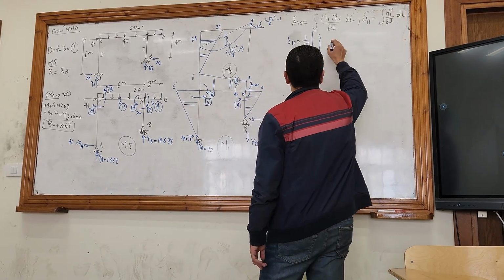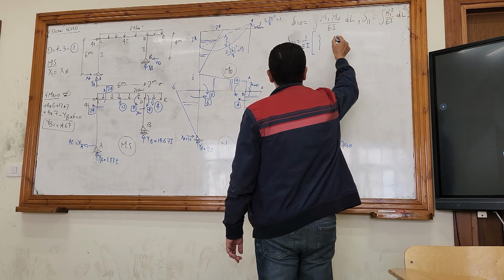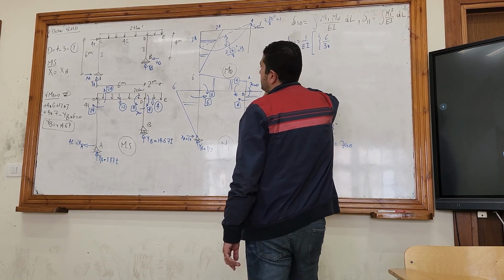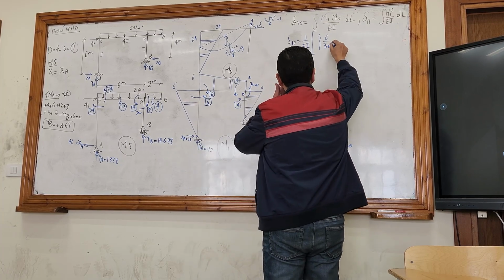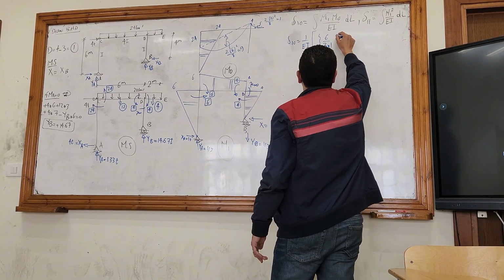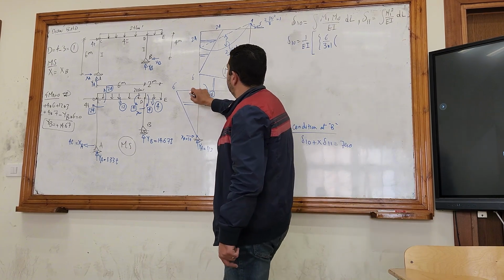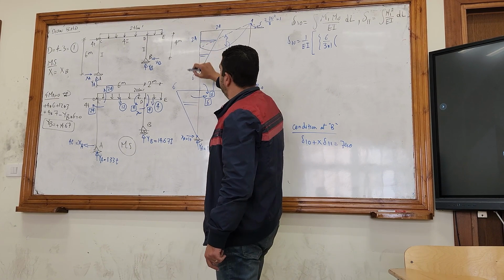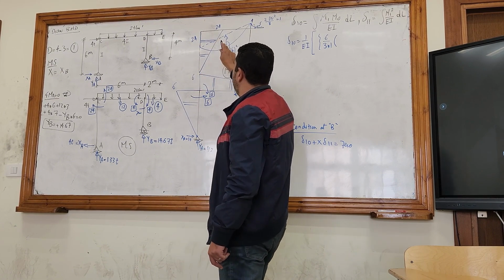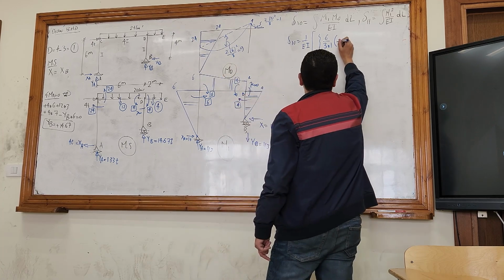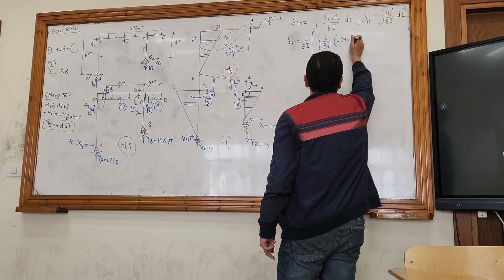So the rule will be L, 6 meters, over 3 times the I factor here, which is 1. Then the first value multiplied by the first value, but they are in the opposite direction, 6 to the left and 24 to the right, so negative 24 times 6.